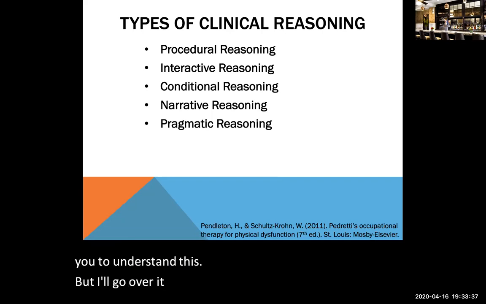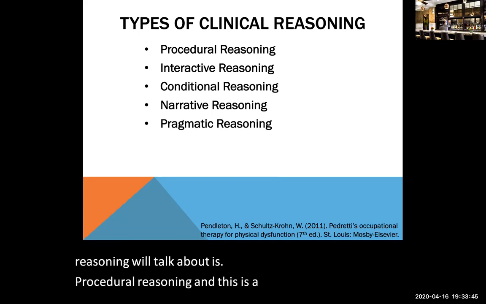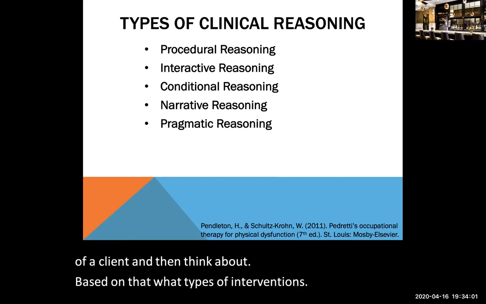So the first type of clinical reasoning we'll talk about is procedural reasoning. And this is a strategy that OT practitioners use when we look at the diagnosis or condition of a client and then think about, based on that, what types of interventions are most likely to help or facilitate function in that client based on what we know.